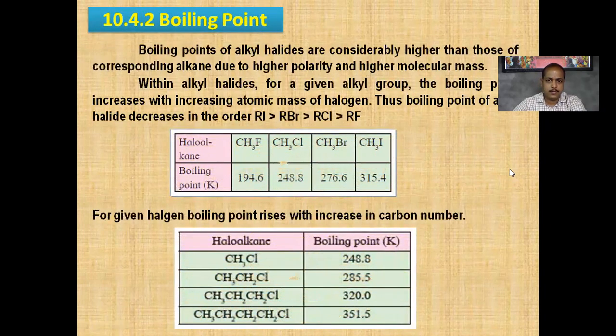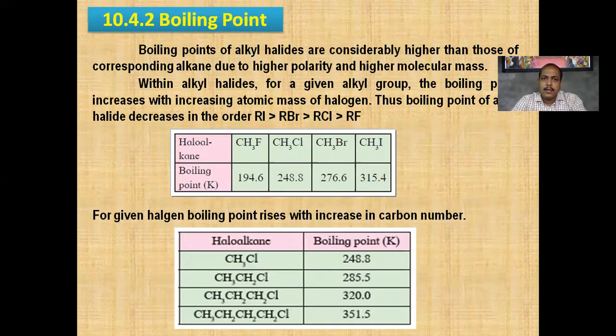Next property is boiling point. Boiling points of alkyl halides are considerably higher than those of corresponding alkanes due to high polarity and higher molecular mass. So as usual, you know that we have derived alkyl halides from alkanes. We have replaced one, two, three hydrogen atoms and we have added chlorine, bromine and iodine.